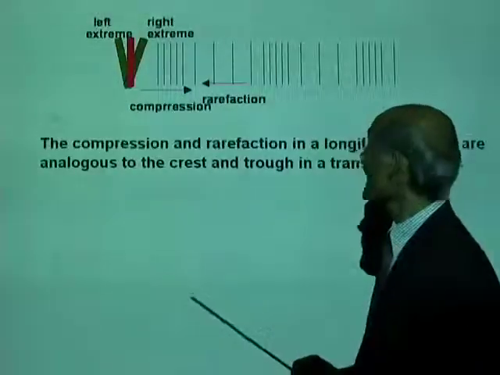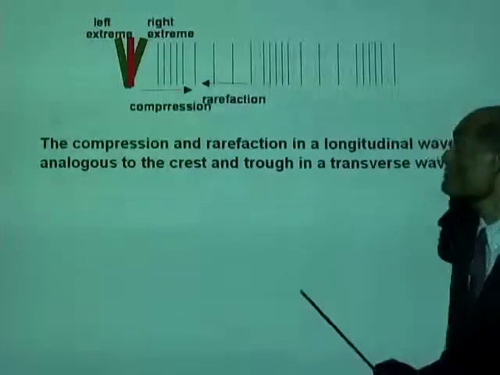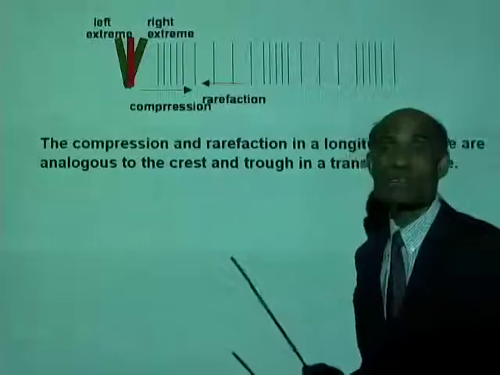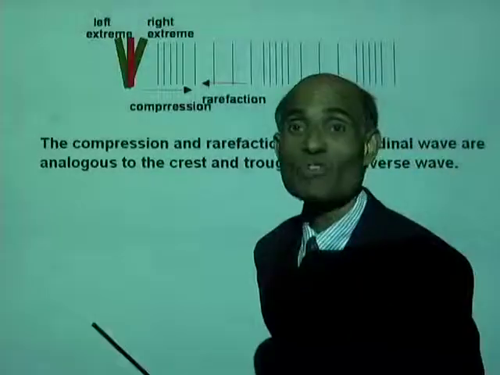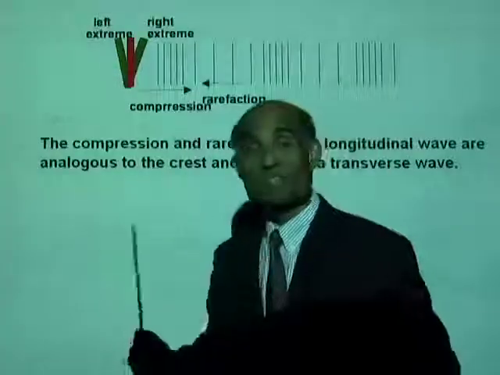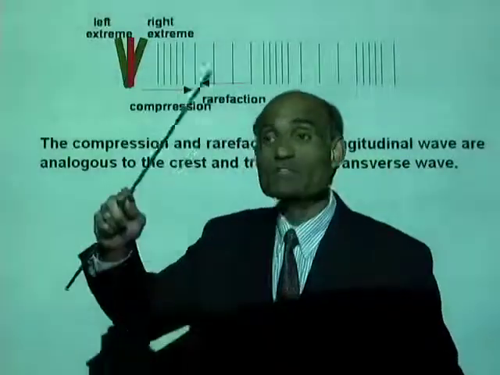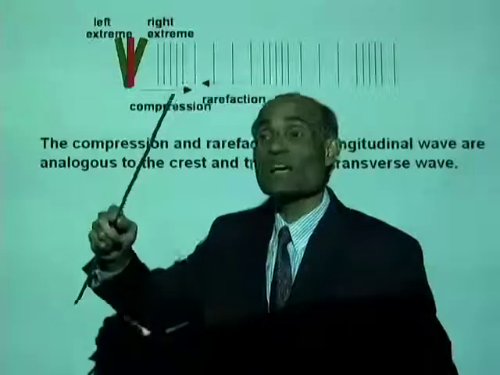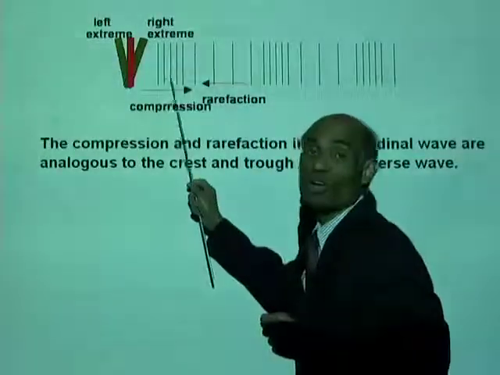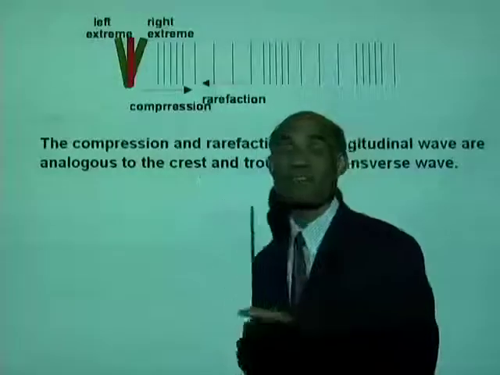The compression and rarefaction in a longitudinal wave is actually analogous to the crest and trough of a transverse wave. Now, if you notice, it is much easier for us to draw the crest and trough of a transverse wave than to draw the compressions and rarefactions.